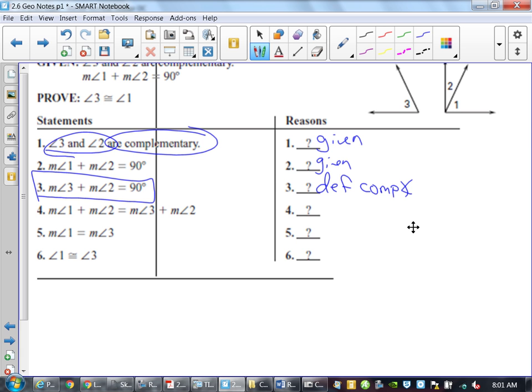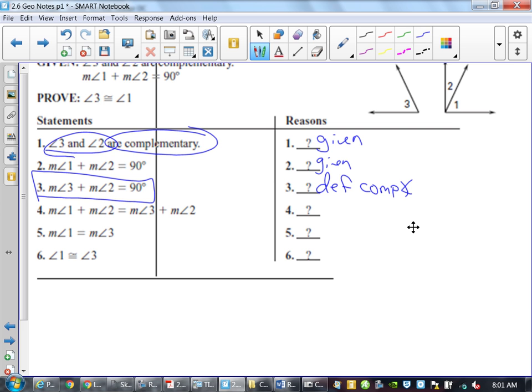Now, look at the next part. They wrote in 1 plus 2 equals 3 plus 2. Why? Well, we don't know that. But look at statements 2 and 3, and how do those relate to statement 4? Substitution, very good.